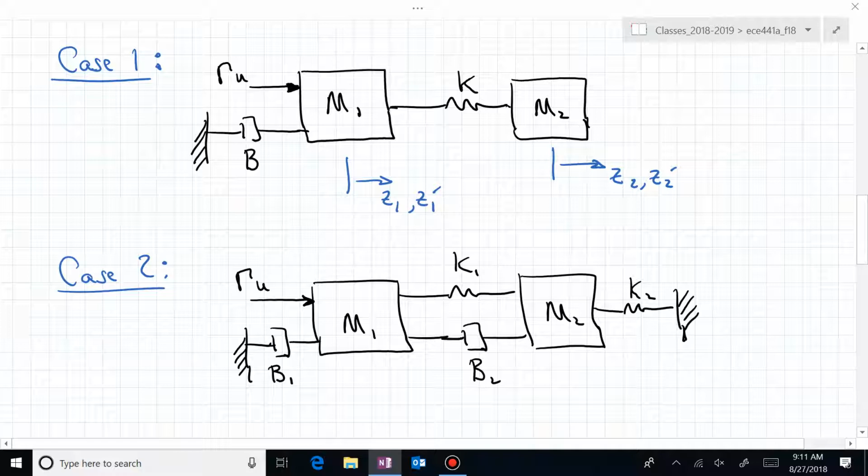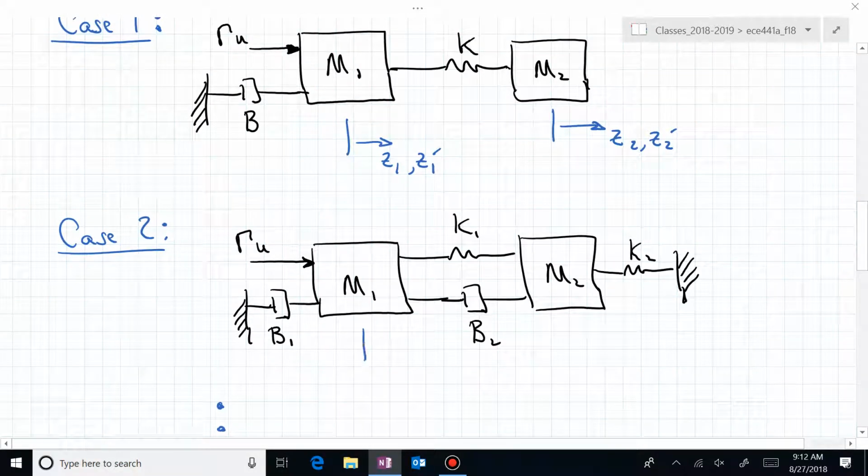Mass 2. If there were a spring and a dash pot connected serially, the massless point between them could maybe move, and then we would have a different variable as well. But here we have exactly the same variables of interest that we had before. So let me label them the same. We have the position and velocity of mass 1, and we have the position and velocity of mass 2.